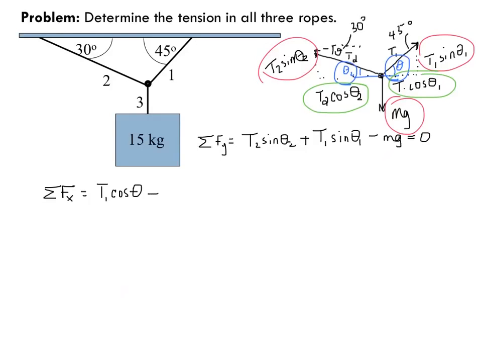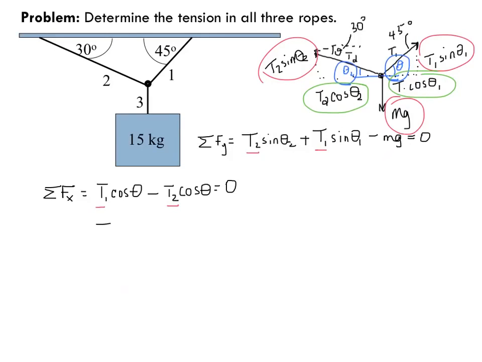And T2 cosine of theta is negative because it's going to the left. Now, both of them are equal to 0 because, again, this object is at rest. So, what I see here are 2 equations with 2 unknowns.